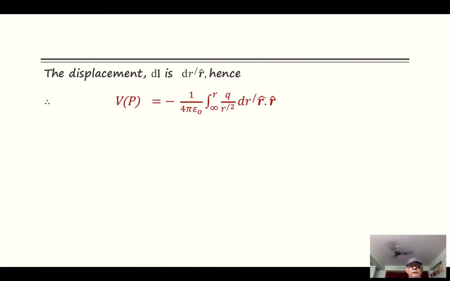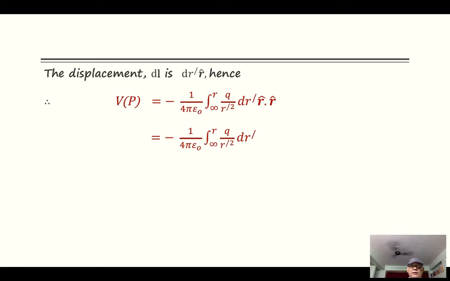Hence, potential at P is equal to minus 1 by 4 pi epsilon naught integration from infinity to r, Q by r dash square dr dash into r cap dot r cap. And we know r cap dot r cap is equal to 1.